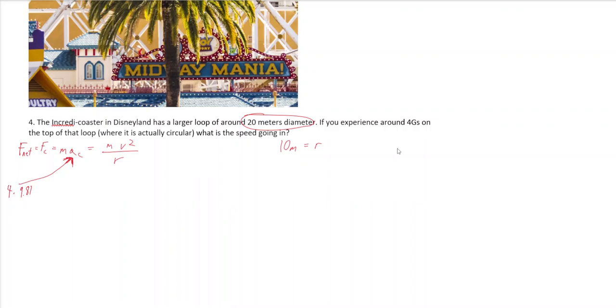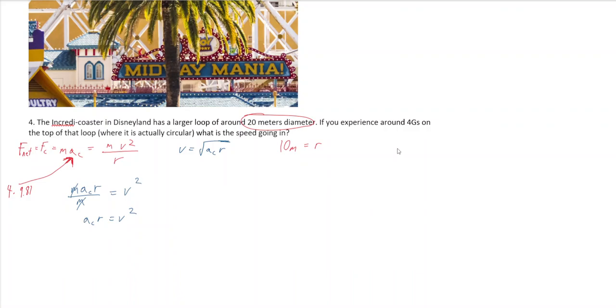We know that value. So now we're going to solve for v, so we're going to move the m over. So MAC over m. And we're going to move the r over, so the r will go up there, v squared. So the m's will cancel, so we'll have ACR equals v squared, which we can now get v equals the square root of ACR.